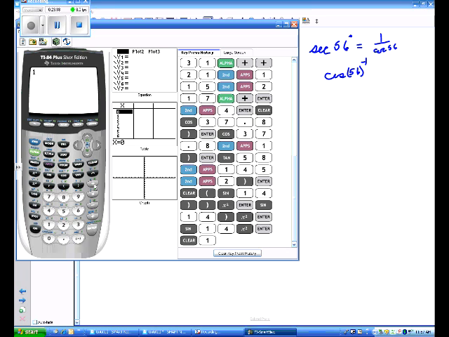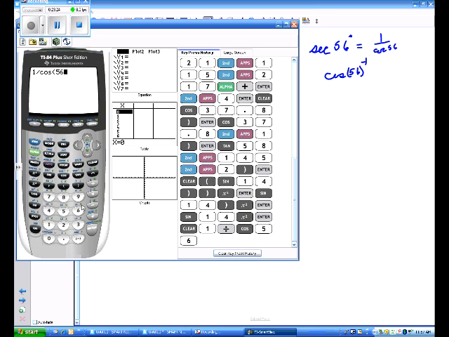Say we want 1 divided by the cosine of 56 degrees. So we get 1.7883 if we round to the nearest decimal place.